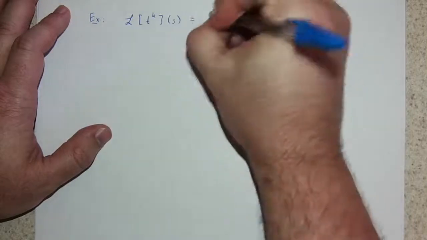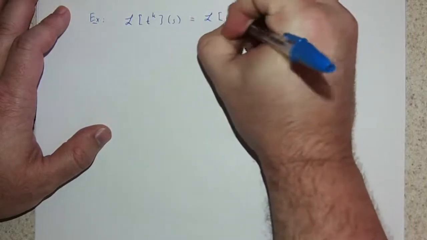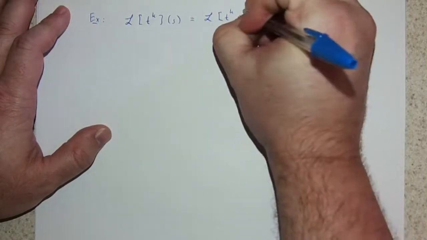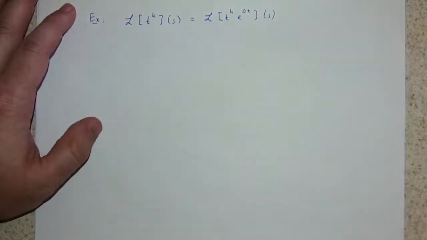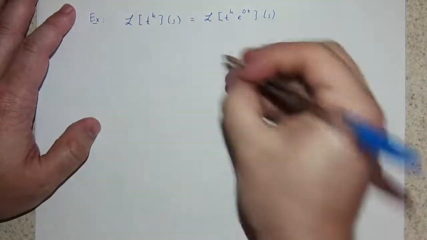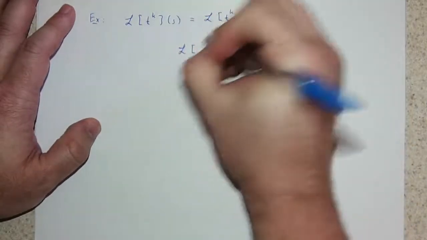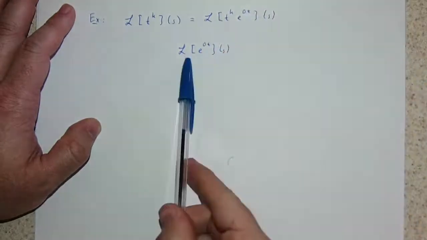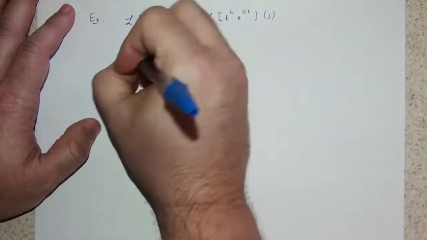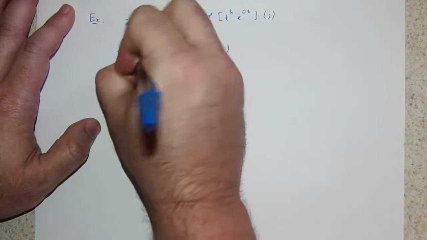Well, really, this is the Laplace transform of t to the k times e to the 0 t of s. But what's the Laplace transform of e to the 0 t? Of course, you might say this is a really funny way of writing the Laplace transform of 1.